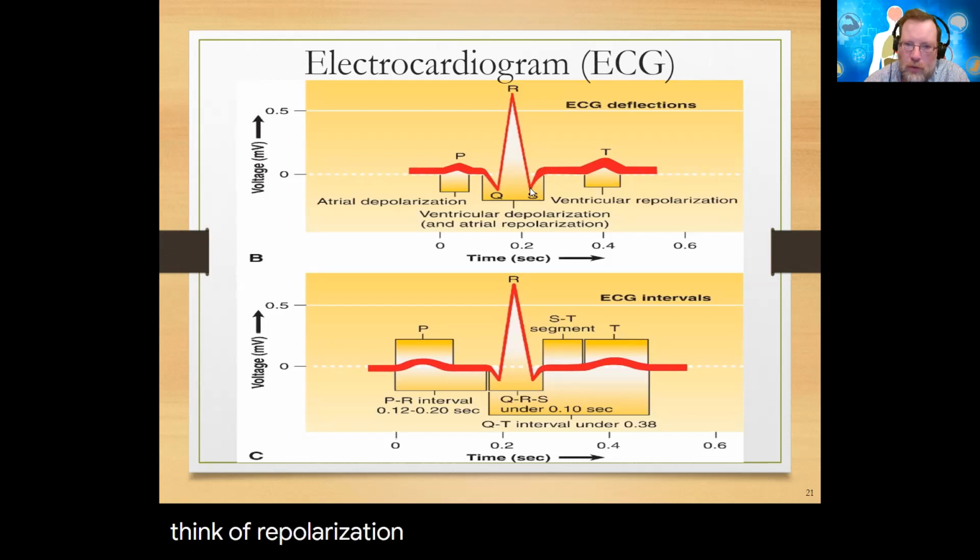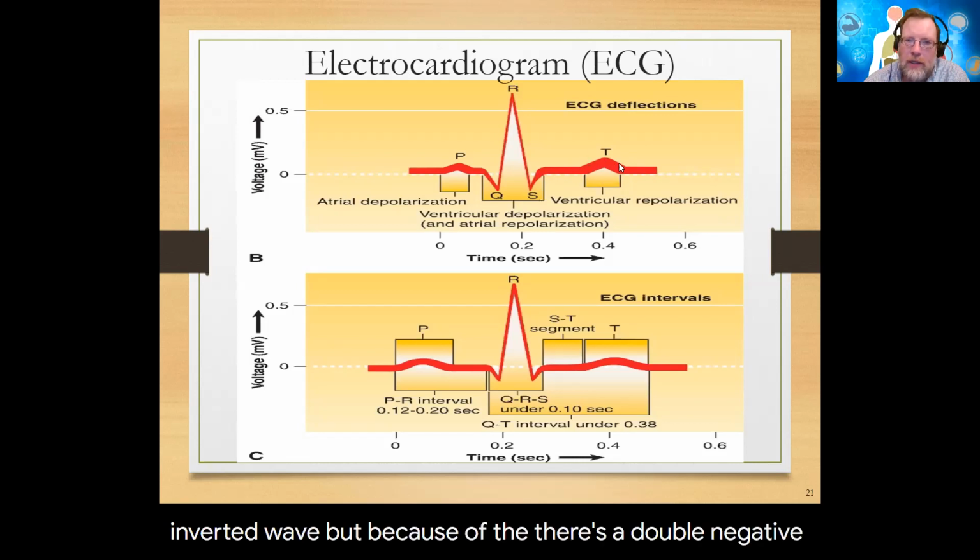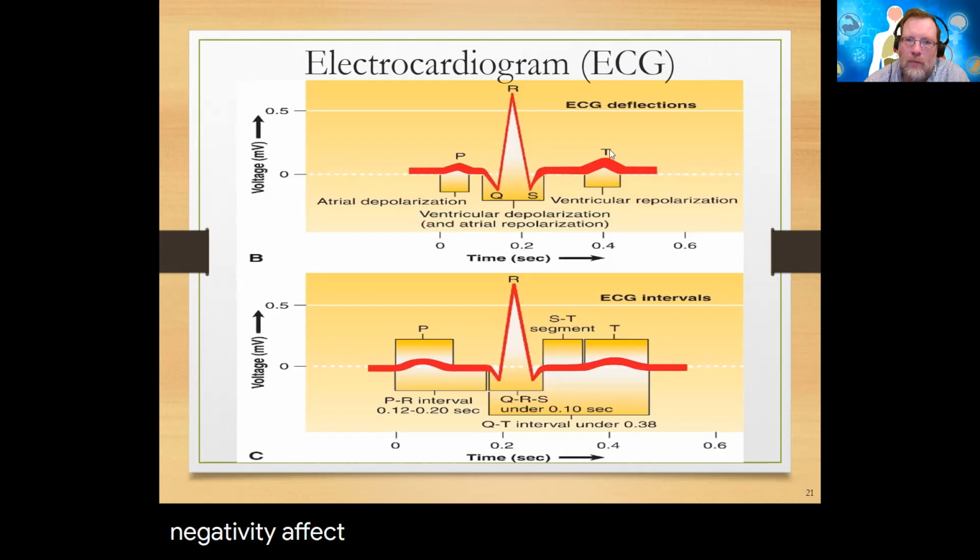repolarization as being more of an inverted wave, but because there's a double negativity effect going on with the cells regarding movement and electrical impulse, we do see a double negative creating a T wave that is in the positive direction.